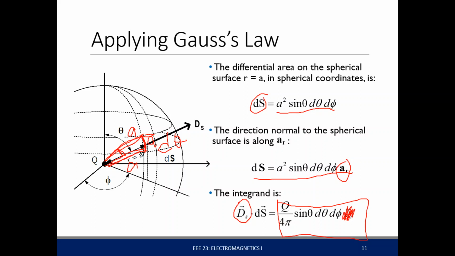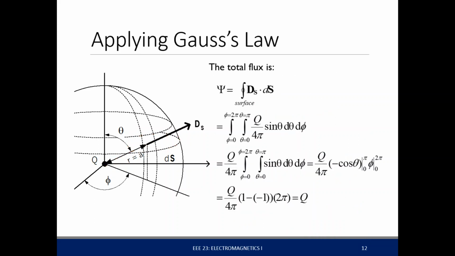So now you integrate it over the closed surface, which is a sphere, and the bounds of that are dependent on theta and phi. If it's a complete sphere, then the bounds of theta are from 0 to pi, and phi is from 0 to 2 pi. Given these bounds, you can separate the integral into two parts. You can integrate separately with d phi and separately with d theta.